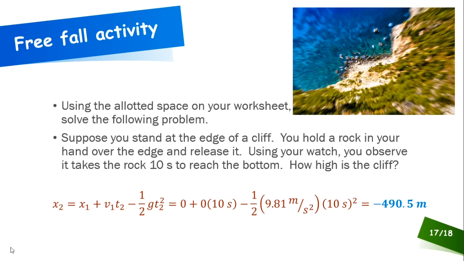To the left means negative. Well, you're dropping a rock and it's in free fall as it goes down the edge of the cliff. So down is a negative direction. So that's all the negative sign is indicating, that the distance of 490.5 meters is a negative displacement. It's in the negative direction.